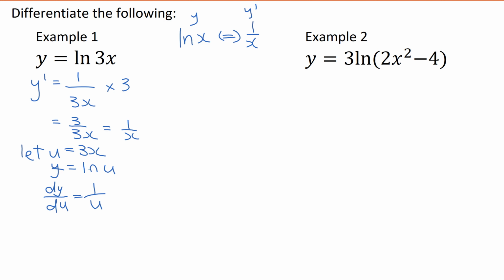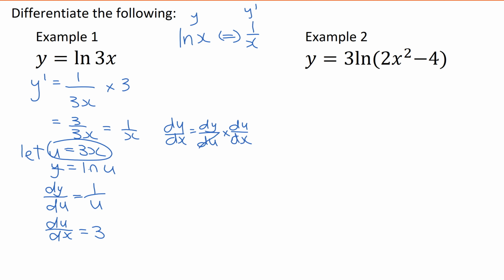Happy with that? When I differentiate u with respect to x, that's regular, an answer of just 3. You happy with that? So remember, if we want dy by dx, we're going to go dy divided by du times du by dx, because what happens when I multiply that out?